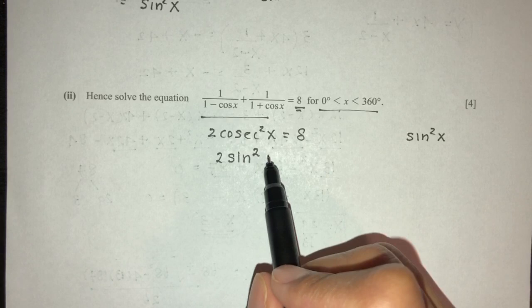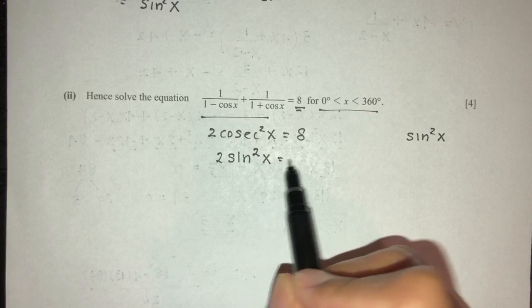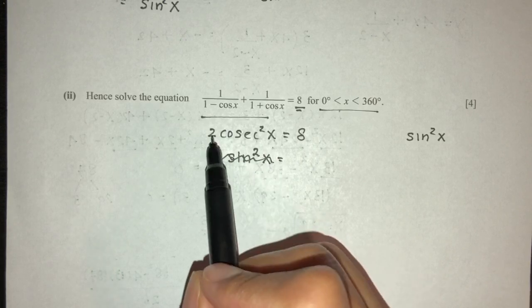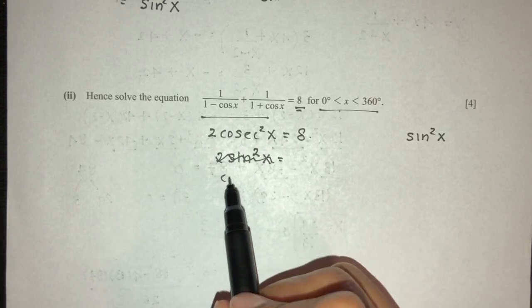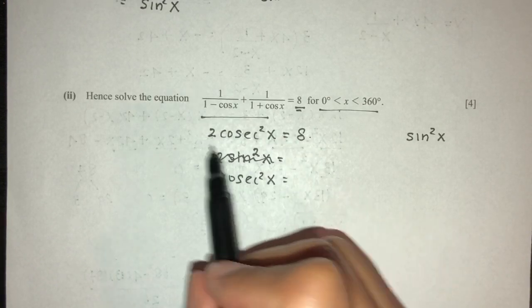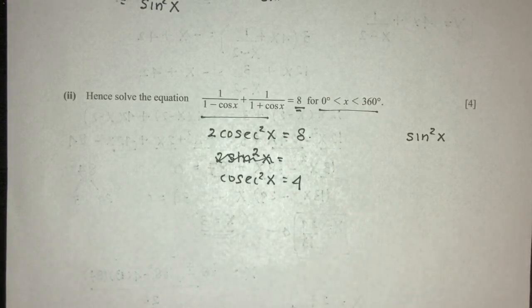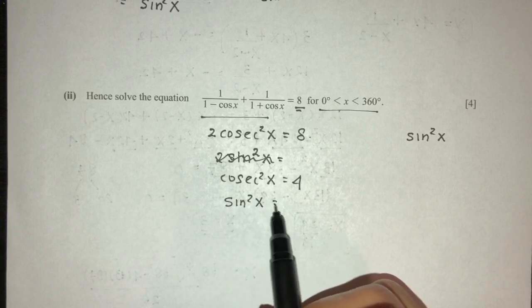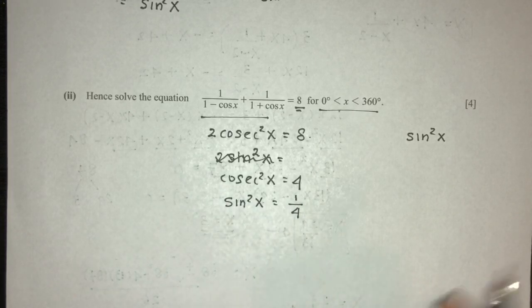First, let's just bring 2 here. You will have cosec squared x equal to 8 divided by 2, which is 4. And this will give you sine squared x is equal to 1 over 4.